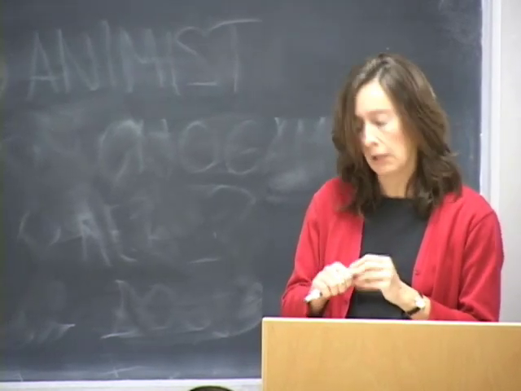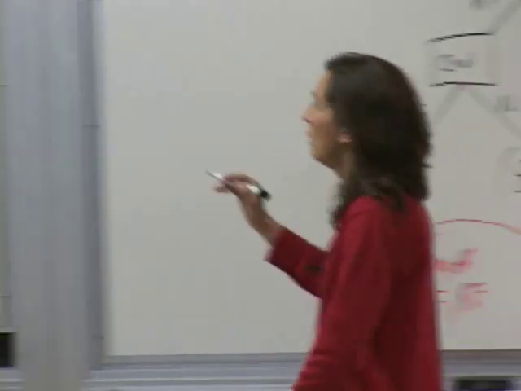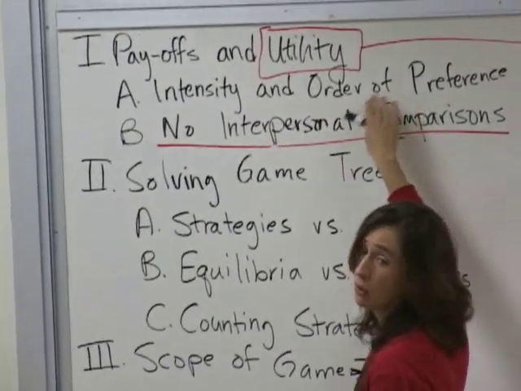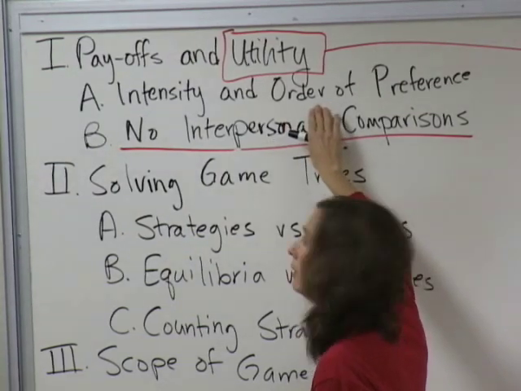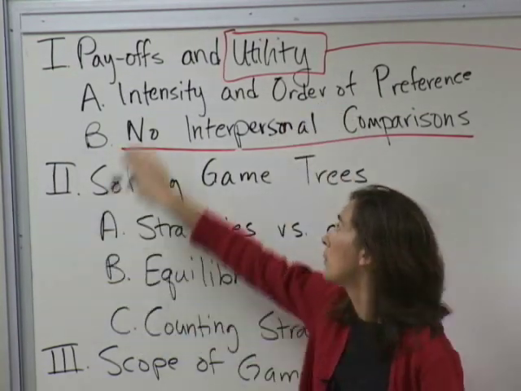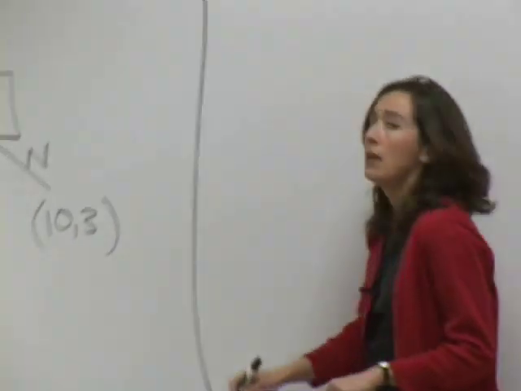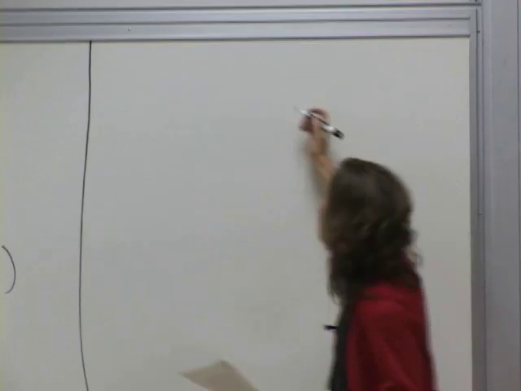You do get that, but you get a little bit more. Okay? The utility numbers for a person represent not only the order of preference. It's not just that the higher number is better for the person, but it also represents the person's intensity of preference.